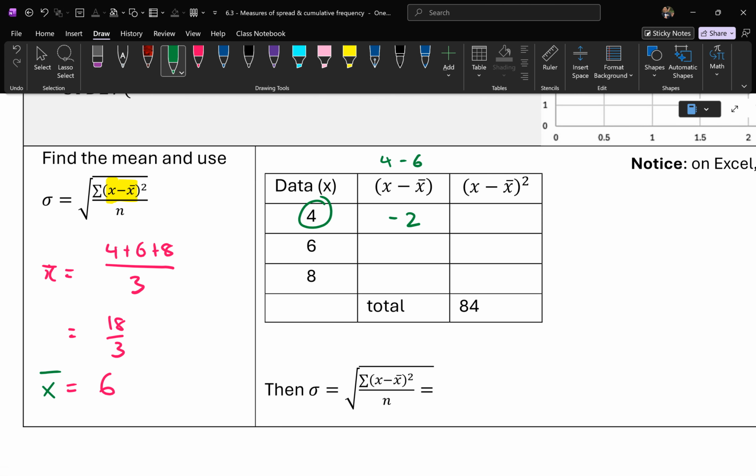It's negative 2. Fill this in. Whereas the second one, 6, take away 6. You get 0. And then lastly, 8 take away 6. So your score, take away what I predict, you also get 2. Now remember I showed you before.